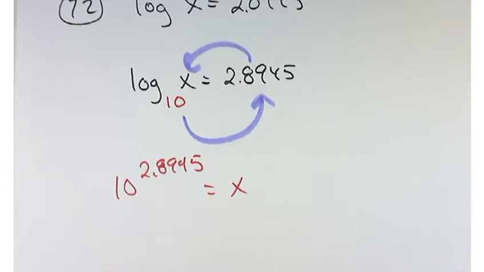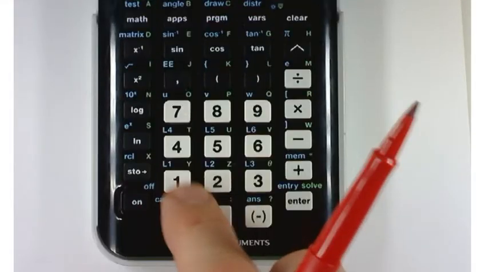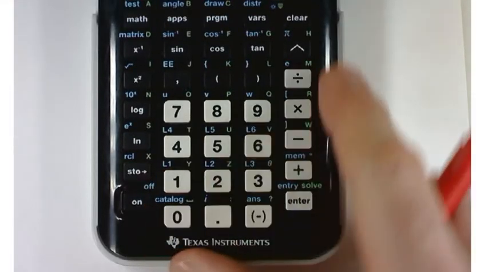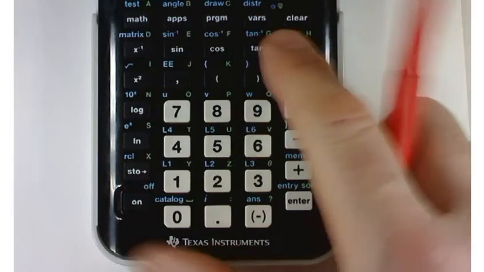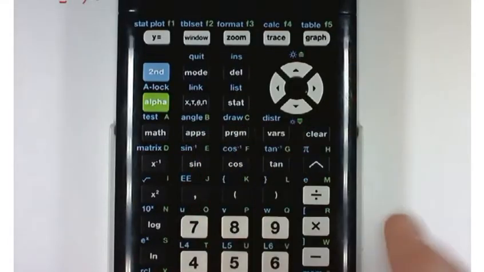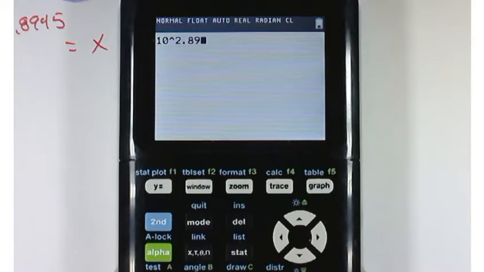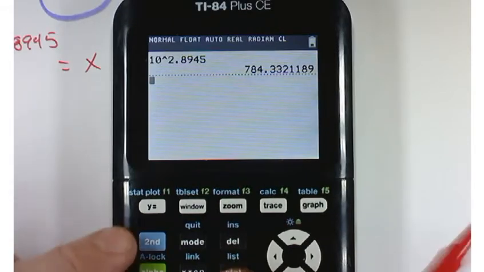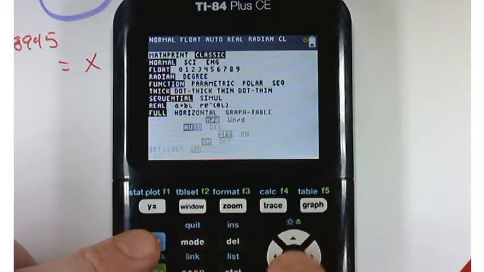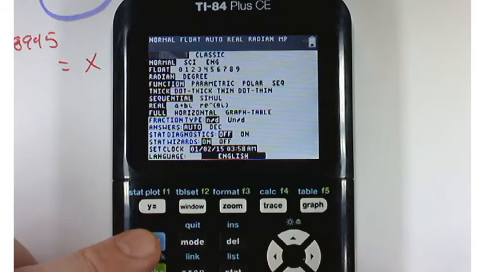Now there's two ways you can get 10 to this power off your calculator. There's the brute force approach of writing 10 raised to the x, or in this case 10 to the 2.8945. Let me go back to my other mode, which is the math print mode, because I like the way that prints better.